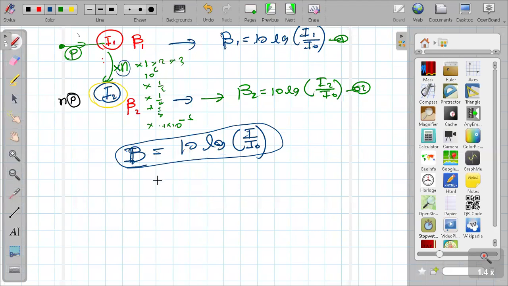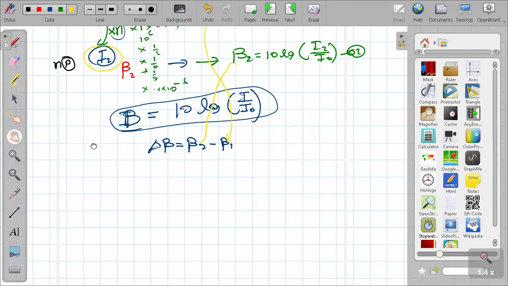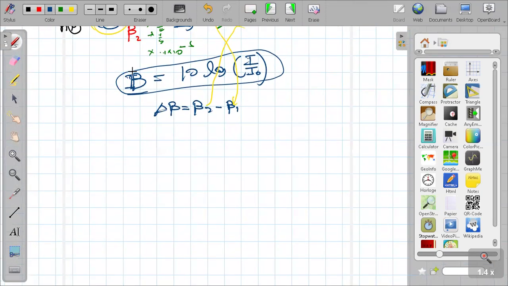Now I want to find the difference. So delta beta is beta 2 minus beta 1. You have to substitute this one to there, this one to here. Right, now only you need the mathematical knowledge.